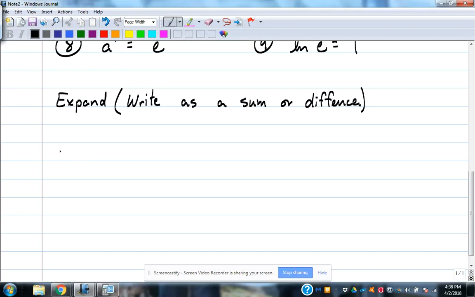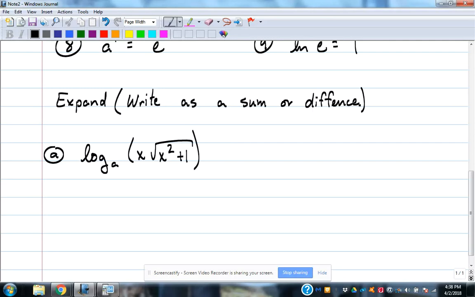Okay, so we're going to take example A, log base a of x times the square root of x squared plus 1. All right, so what's going on on the inside of this log? We've got an x. What's going on between that x and the square root stuff?